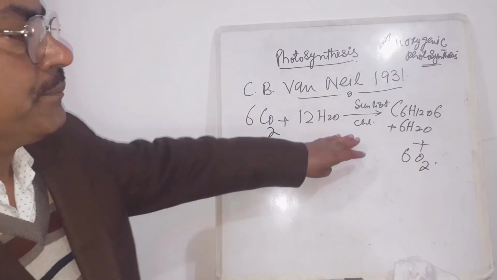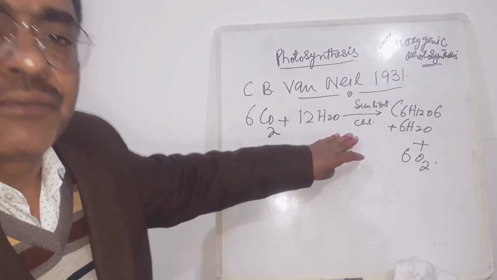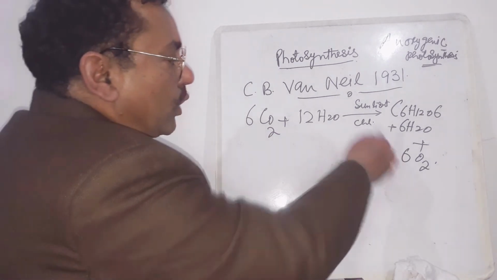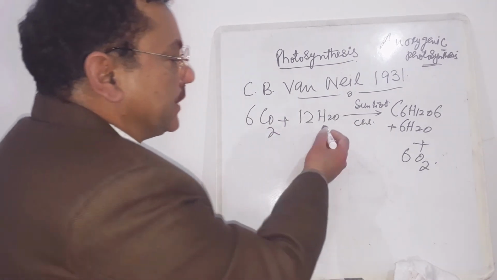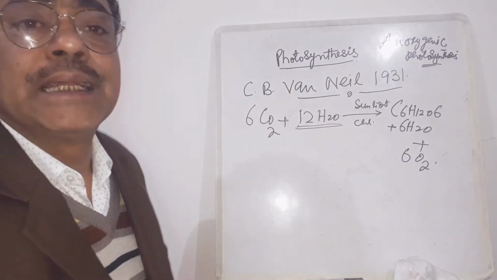So this became the modern model of the equation of photosynthesis. And in this model, you see here we have 12 times water rather than 6 times water.